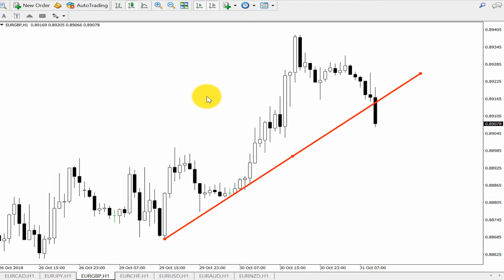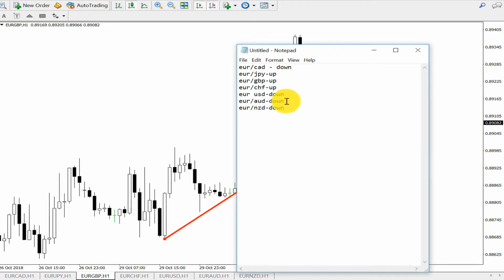So we always need to check a strong currency against a weak currency. But here euro is a strong currency and GBP also is a strong currency. And if we check, euro JPY is also uptrend, euro Swiss franc is also an uptrend.